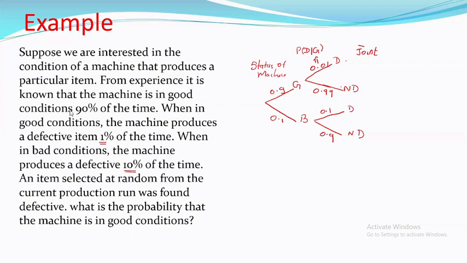The first branch: machine is in good condition and produces a defective item. That is 0.9 times 0.01.